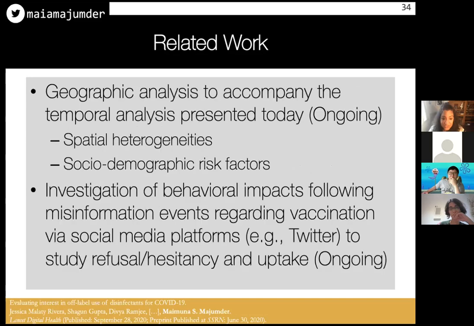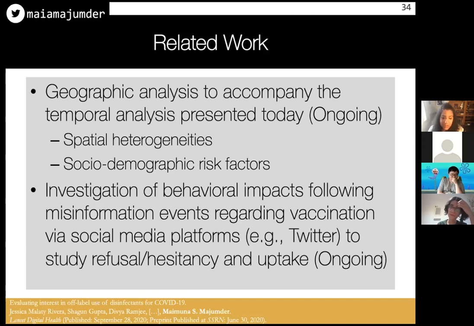With an eye towards establishing a surveillance system for public health misinformation, my research group is currently pursuing a geographic analysis to accompany the temporal analysis presented today to uncover spatial heterogeneities and population level behaviors, and thus vulnerability following misinformation events, as well as sociodemographic risk factors that accompany such vulnerability to enable hotspot prediction of adverse health effects in response to misinformation events.